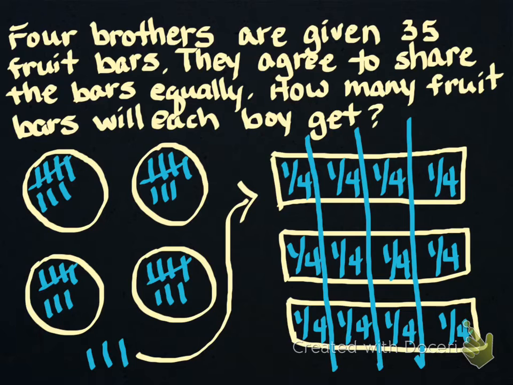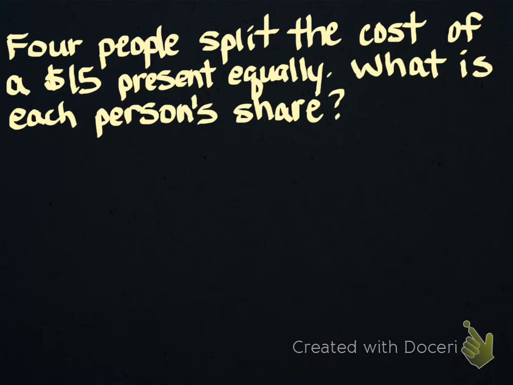So that means that there is 1/4 in each section, and each brother is going to get 1/4 of each of those bars. So they would get a total of 8 3/4 bars in that problem.